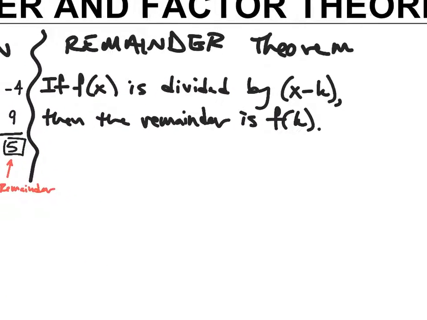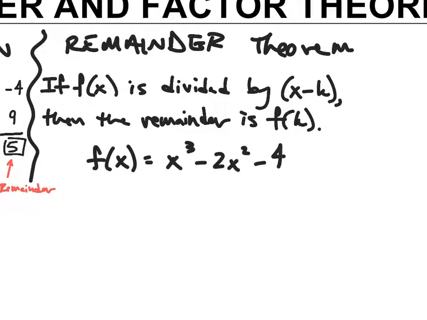So I'm going to plug 3 into this function. I'm going to label my function f of x is equal to x cubed minus 2x squared minus 4. I'm going to find f of 3, and I'm going to bet you guys $1 million that I get 5 as a result.